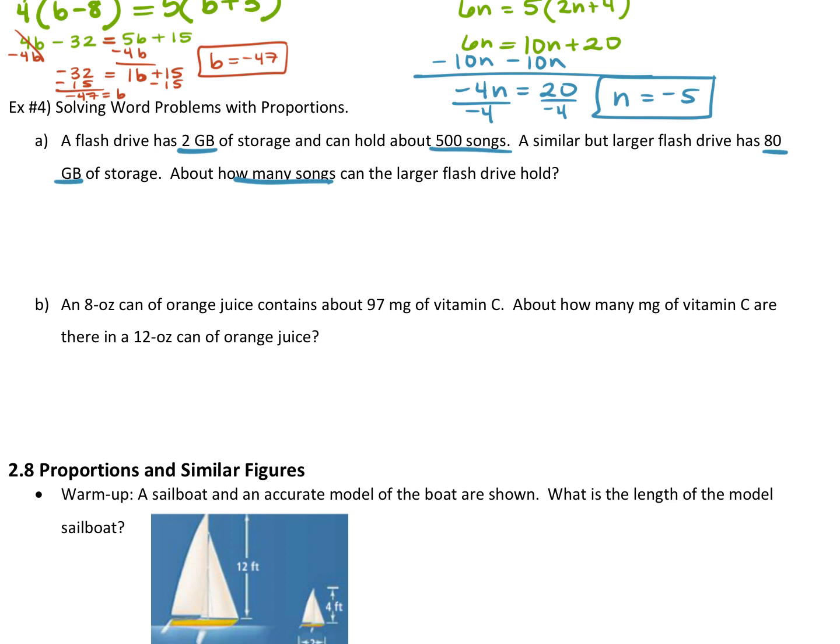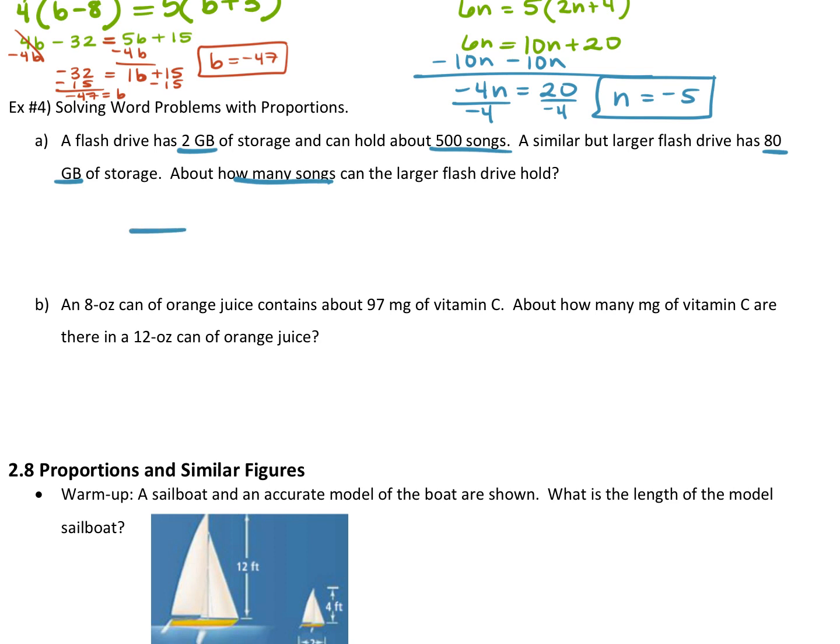Here's the deal. Ultimately, it does not matter what goes where as long as you are consistent with where you're putting things, because there is a property of proportions that says if you take the reciprocal of both and set them equal, they're still going to get you the same answer. So do you want gigabytes on top or songs on top?